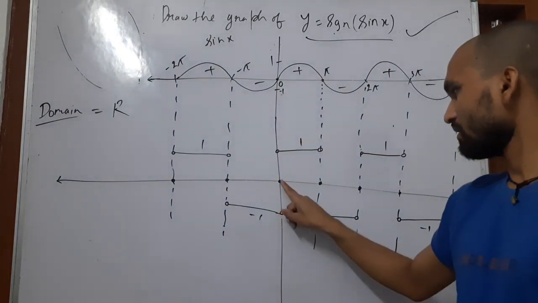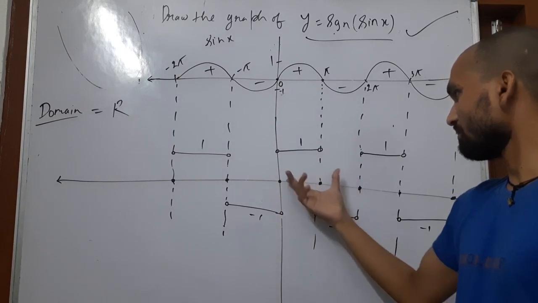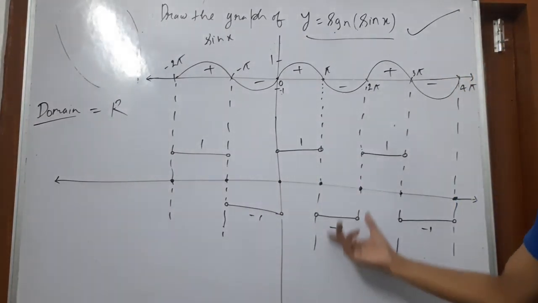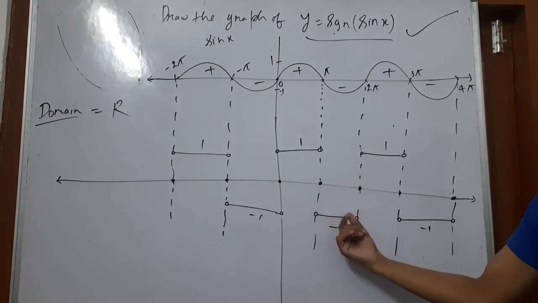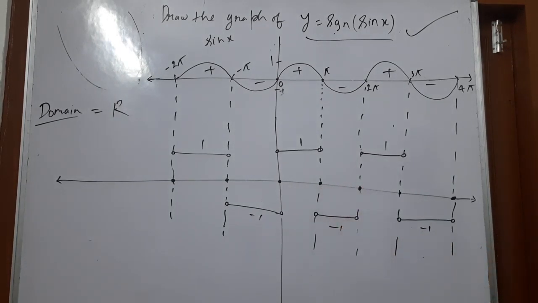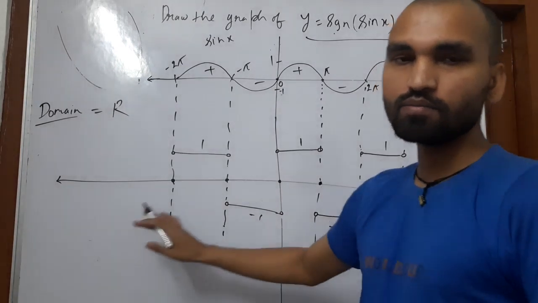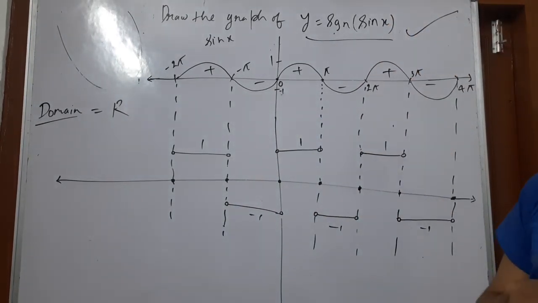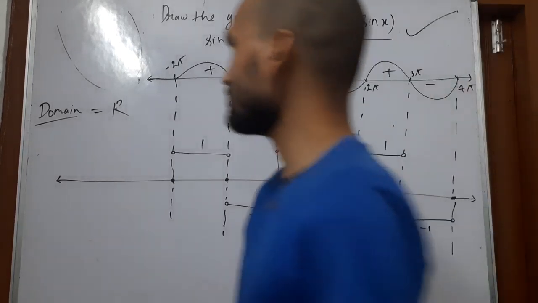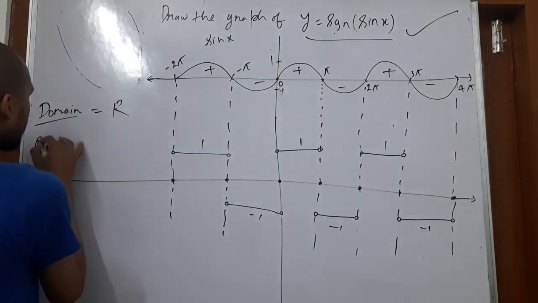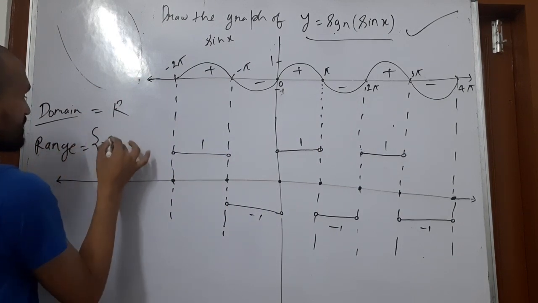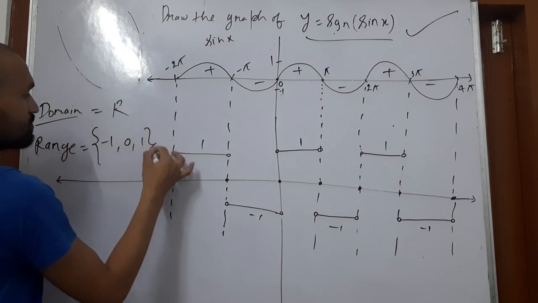We have taken 0, pi and in-between values; here we have taken these points and in-between values also. So we can say that the domain of y equal to signum of sin x is all real values, and its range will be, what is the range? The range is obviously minus 1, 0 and plus 1.